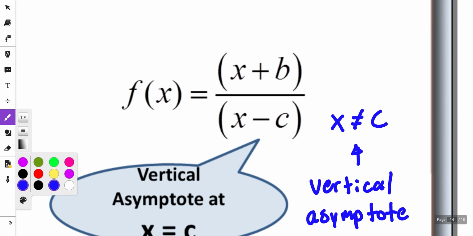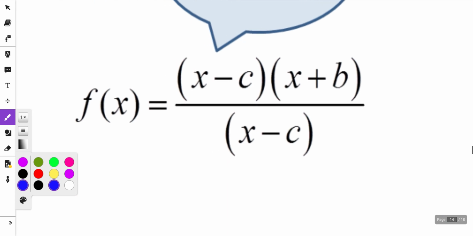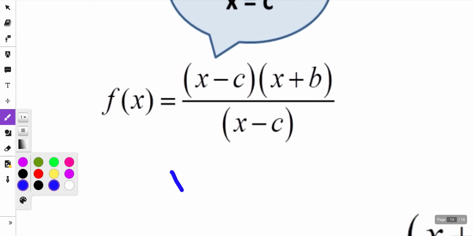Holes, or points of discontinuity, come from denominators. They come from NPVs, but then those NPVs can be simplified and kind of disappear. So, if you look at this question, that thing would still have an NPV of x cannot equal c. Agreed? If I put c in here, c minus c would be 0, can't have 0. So this is still a non-permissible value. That non-permissible value, though, does not create a vertical asymptote.